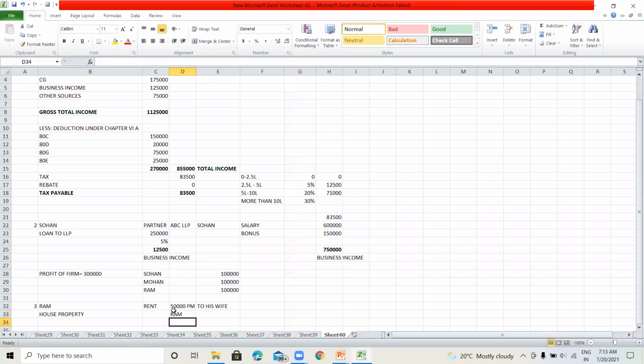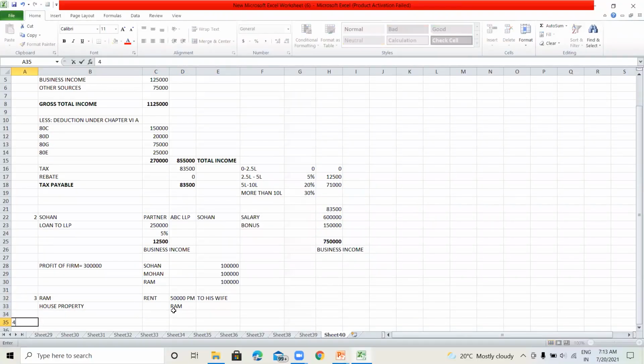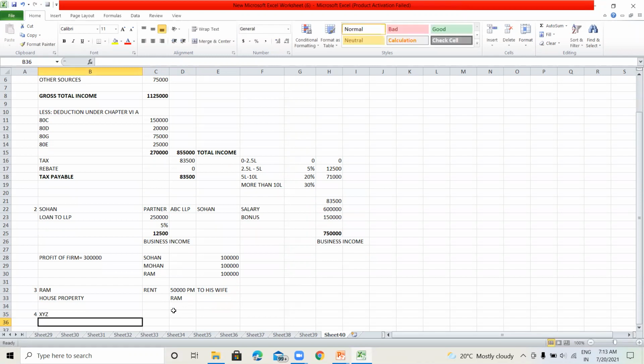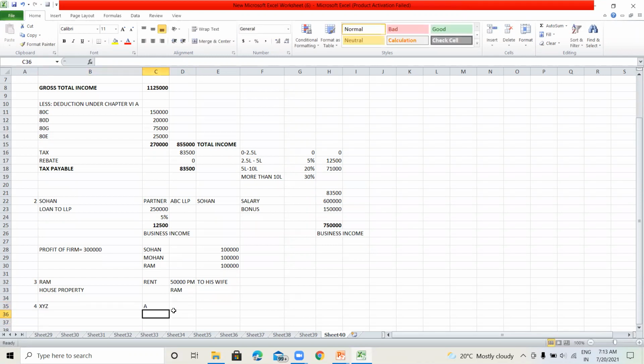Just for example, there is an organization XYZ, and in XYZ, Mr. A is the partner or director, or he has a substantial interest in the organization. His wife B is doing a job in XYZ, and she is earning 30,000 rupees per month.